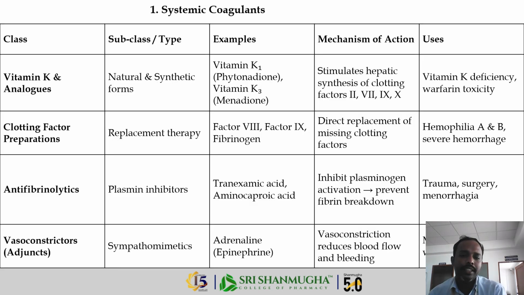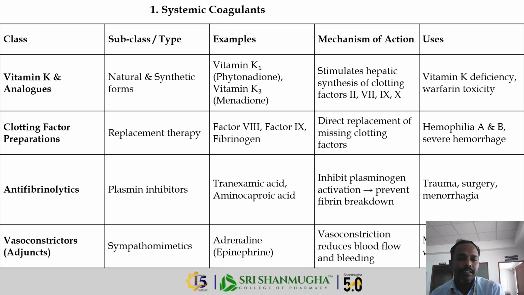Let's move on to the classification of coagulants. We have several classifications. First, we'll discuss the systemic coagulants, which act through the bloodstream. Vitamin K and analogs, natural and synthetic forms, are there. Examples are vitamin K1 and K3. K1 is known as phytonadione and K3 is menadione. The mechanism of action is as we discussed previously.